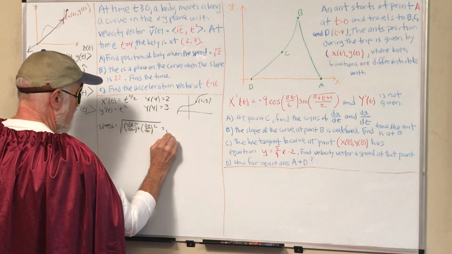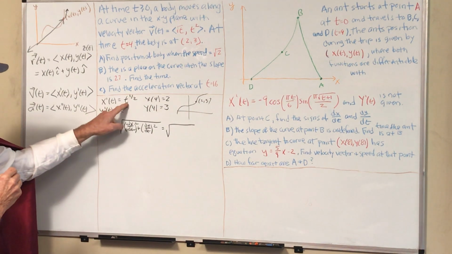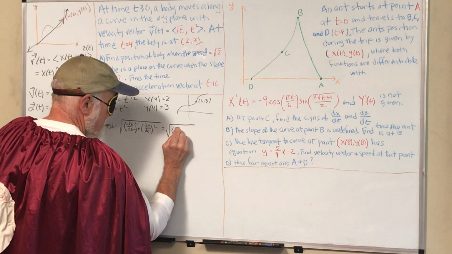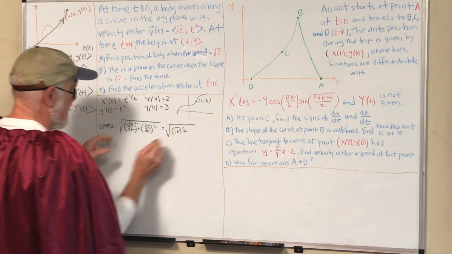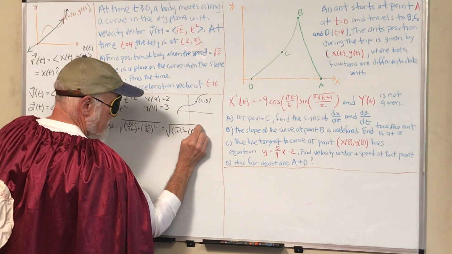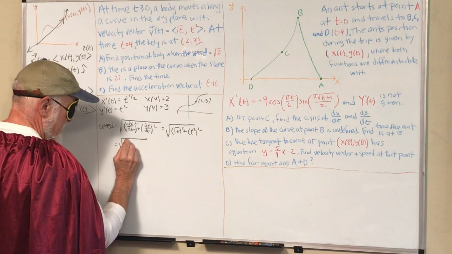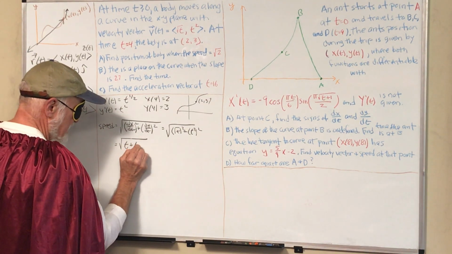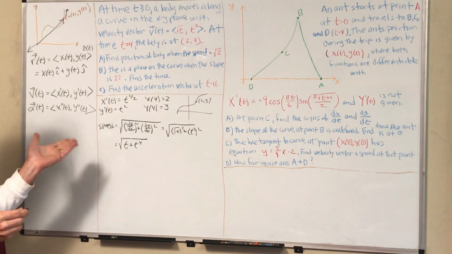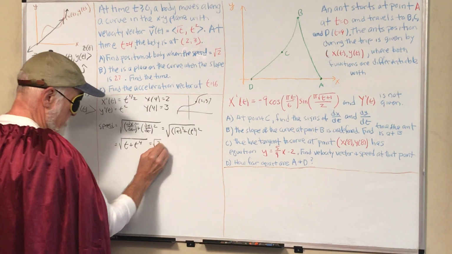So in this case, it's the square root of the square root of t squared plus t squared squared, or the square root of t plus t to the 4th. So that's the speed at any time t, and we want to know when this is the square root of 2.